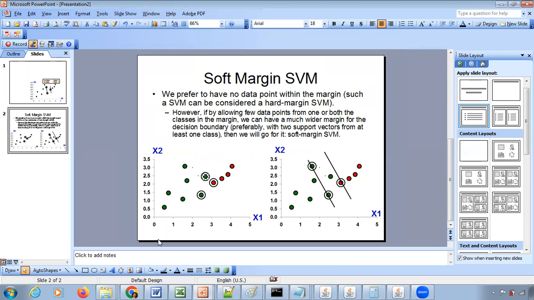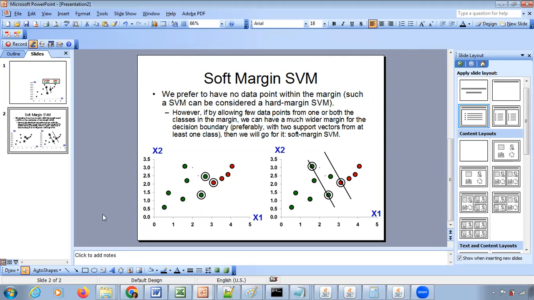All the other green data points are closer to each other compared to this one. This one is close to the red data points. So we could treat this green data point that is close to the red data points as more like an outlier among the green data points. It's not really reflecting the characteristic of the green class over here.